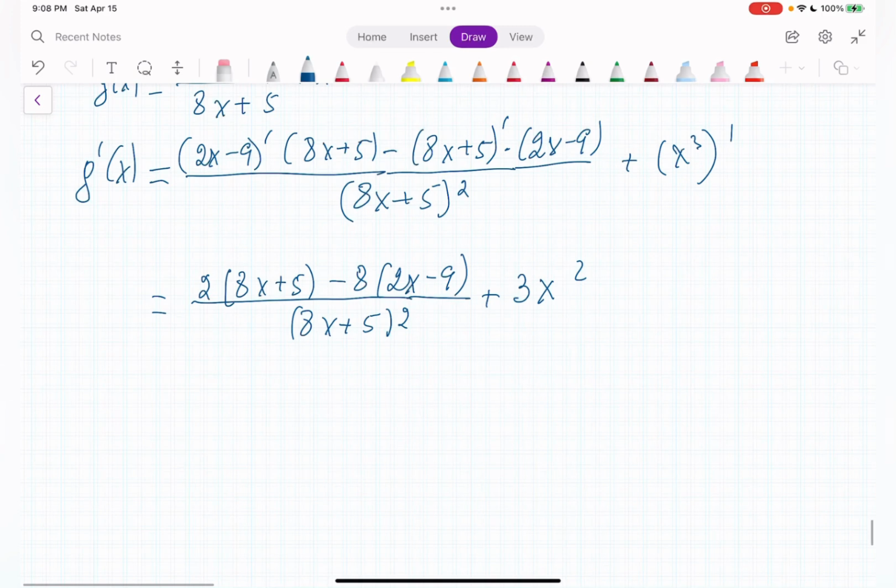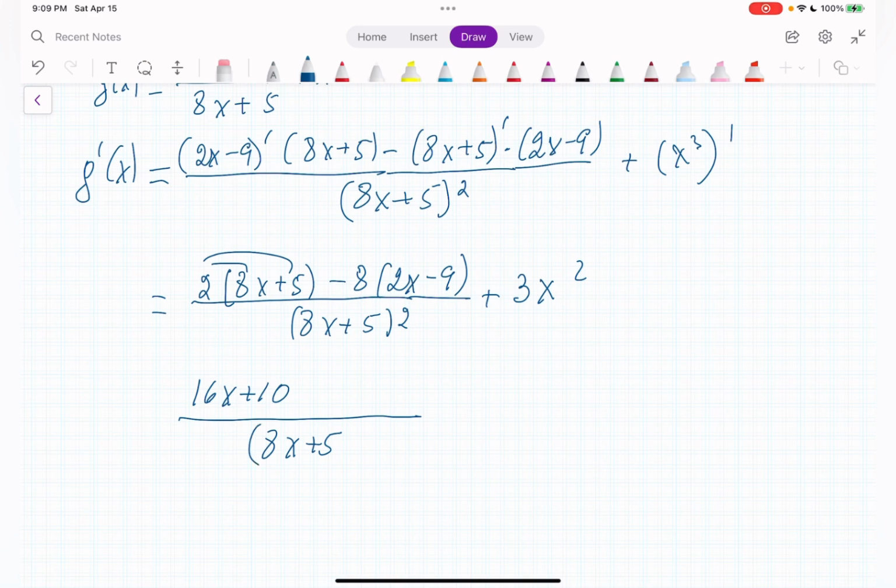Okay, let's solve it here. Distributing, 16x plus 10 minus 8x, 8 times 2x is 16x, and plus 72, and 3x squared. So we need to bring to a common denominator, or just put it, 3x squared.